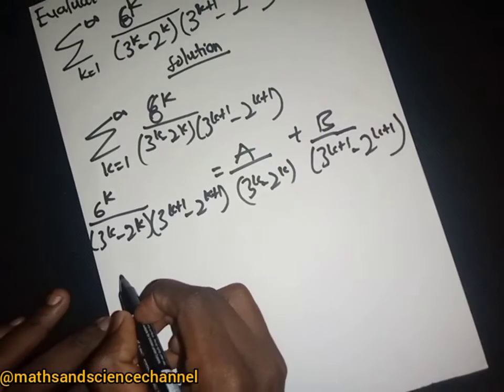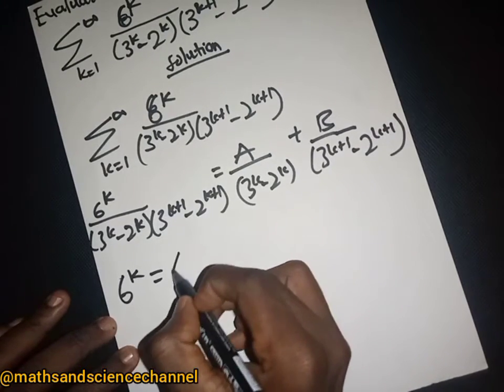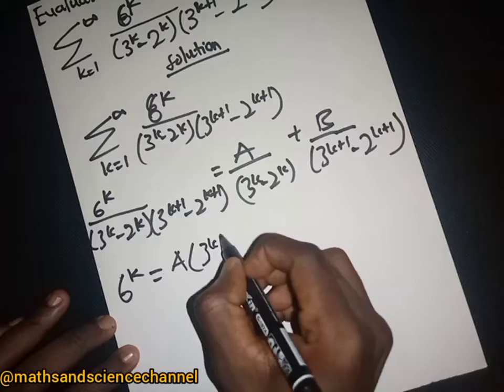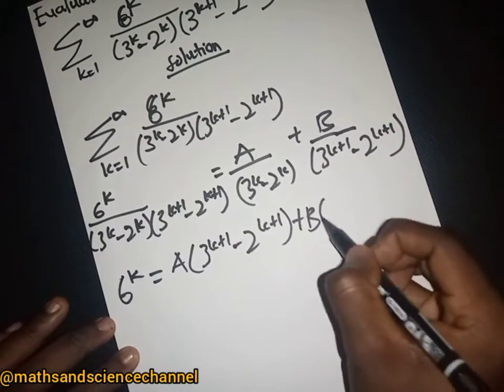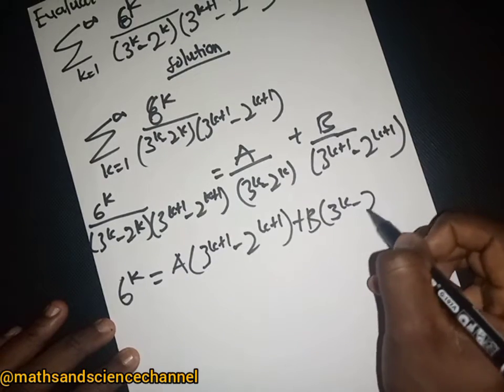Since we have this, we only take the numerator. This will be equal to A(3^(k+1) minus 2^(k+1)) plus B(3^k minus 2^k).